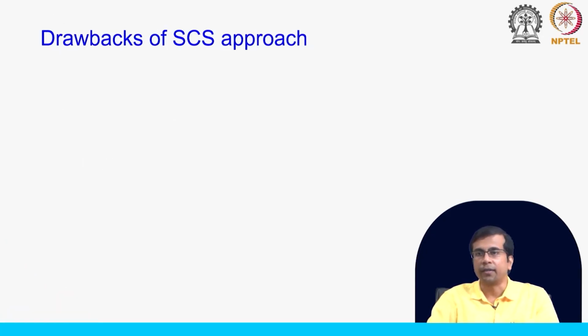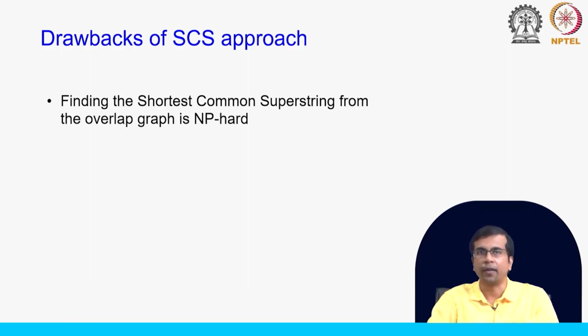Just to summarize the drawbacks of the SCS approach that we discussed in the last couple of classes: one of the challenges is that finding the shortest common superstring from the overlap graph is NP hard. We have not talked about what NP hard or NP complete is, but what I meant is that it will take a long time if we have to deal with millions or billions of reads that we get from current generation sequencers.